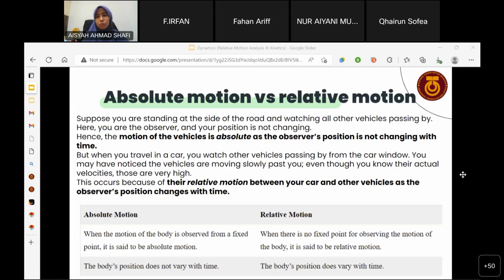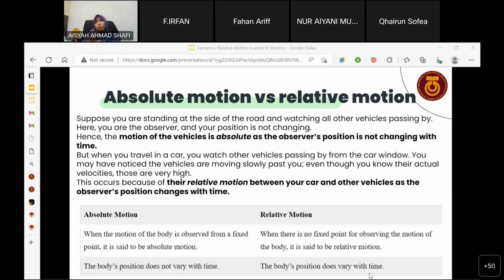So for observing the motion of the body, it is said to be relative motion. For absolute motion, the body's position does not vary with time. But for relative motion, the body's position varies with time. So this is the relative motion.